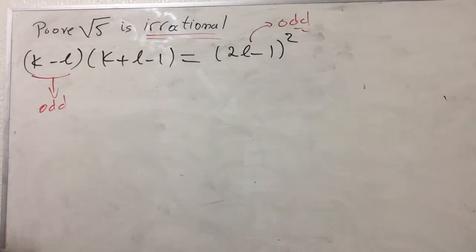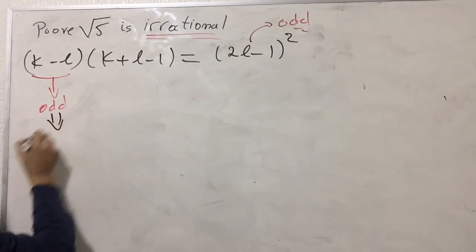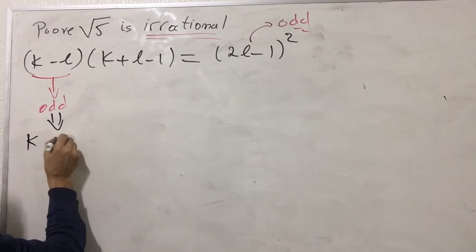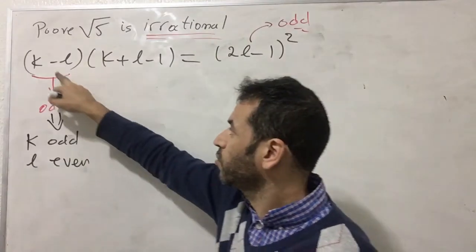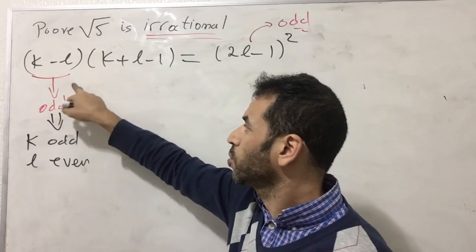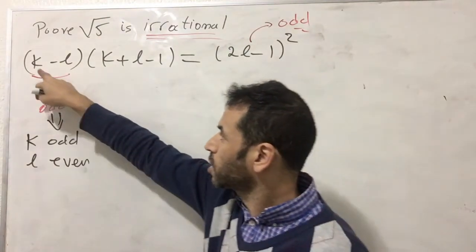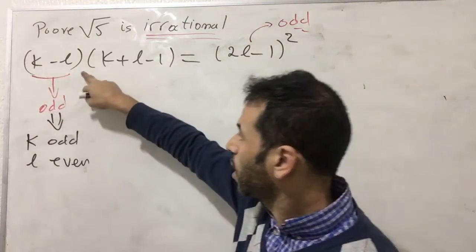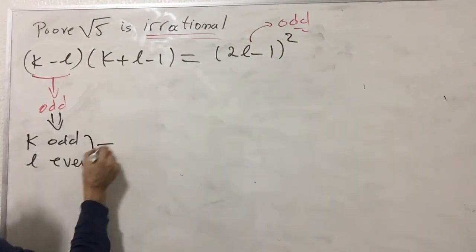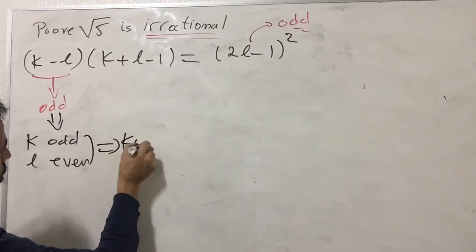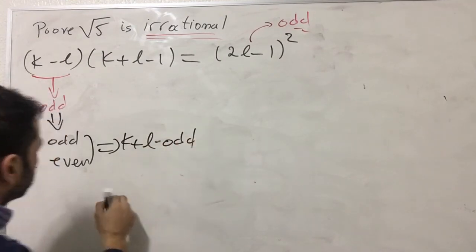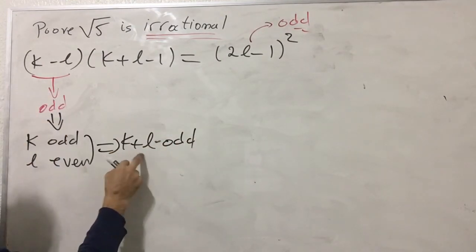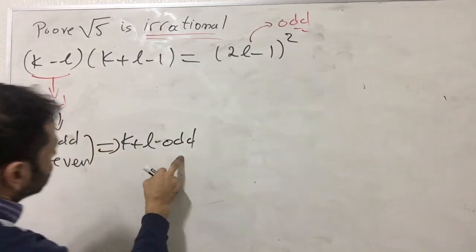Since this one is odd, this implies k must be odd and l must be even, because for the difference k minus l to be an odd number, k must be odd and l must be even. This implies k plus l is odd as well, because odd plus even always gives us odd.